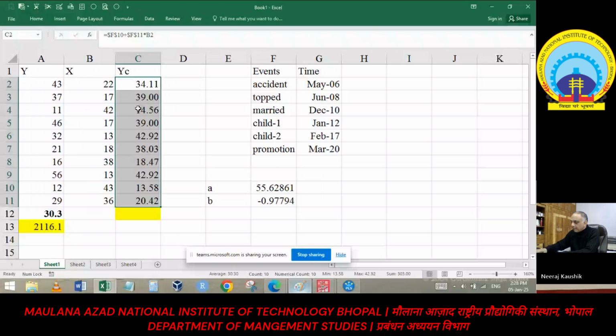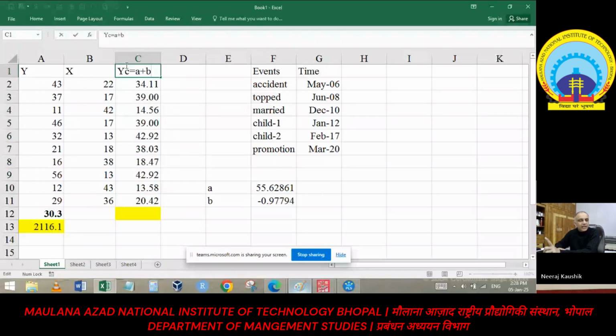YC is equal to A plus B into X. Inside that there is the X, which is trying to become the Y. X multiplied by something, added something. Monu took a particular costume, tried to speak in a certain way, and she says, now I'm Anarkali. The same way it will be the YC.